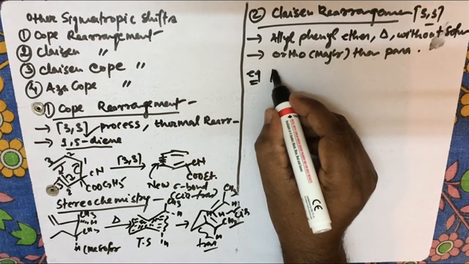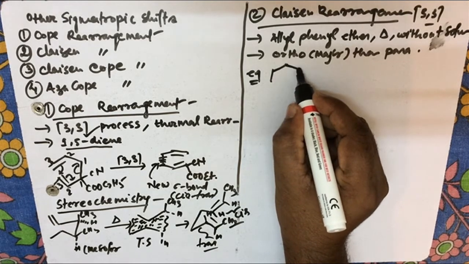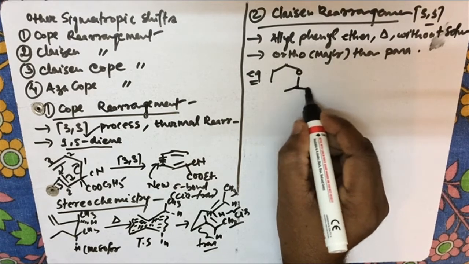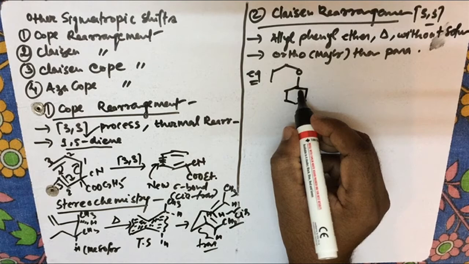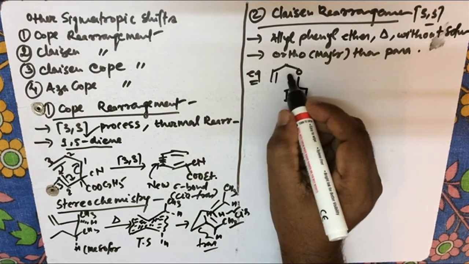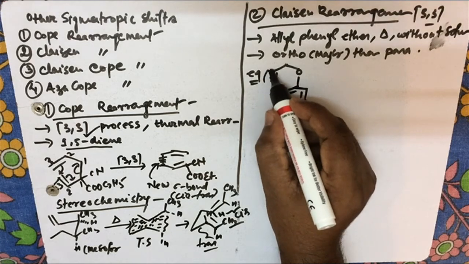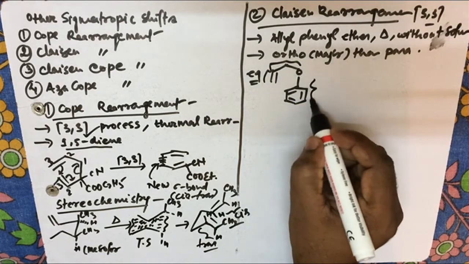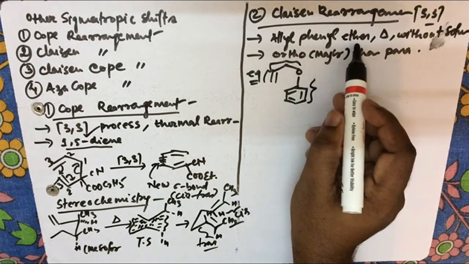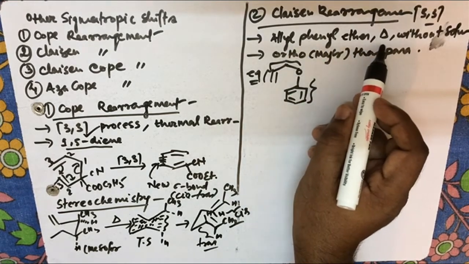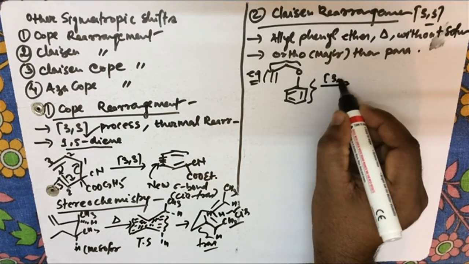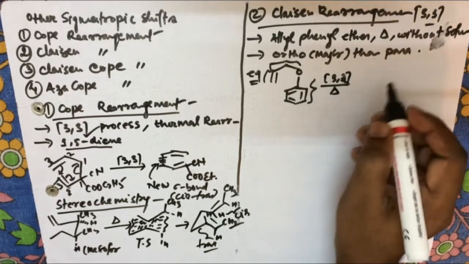If you see this example, this is O, this is the phenyl group, and this is the allyl group. So here the allyl phenyl ether is taken under heating for [3,3] sigmatropic rearrangement under heat condition.